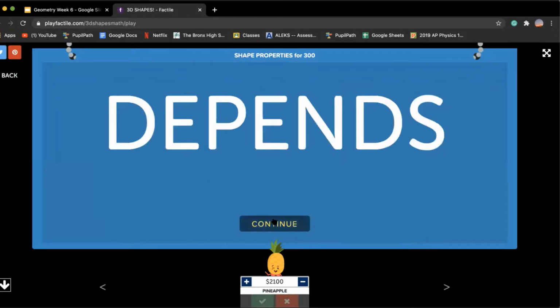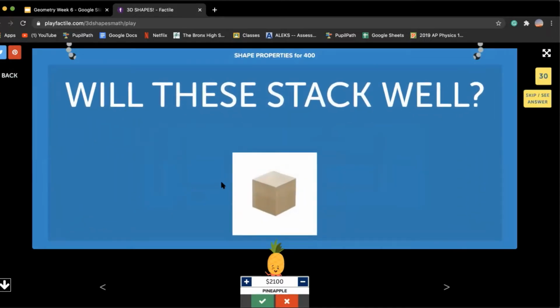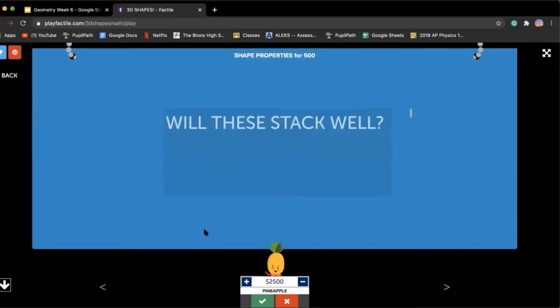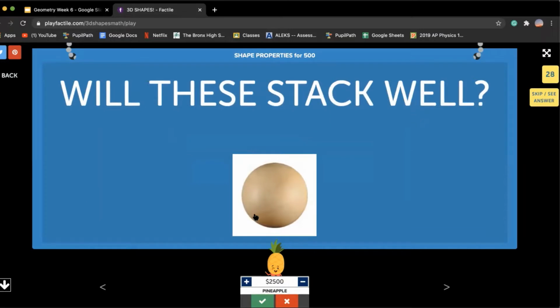Yeah. Will these stack well? It will stack well because it has 6 faces. No matter how you stack them on the faces, as long as you're not stacking on the vertices, it will be good. Will these stack well? No, because a sphere has no flat surfaces, so no matter where you stack them, they will just roll off.